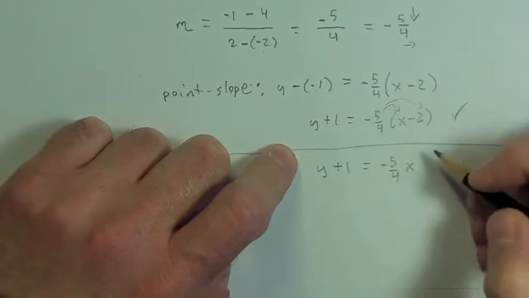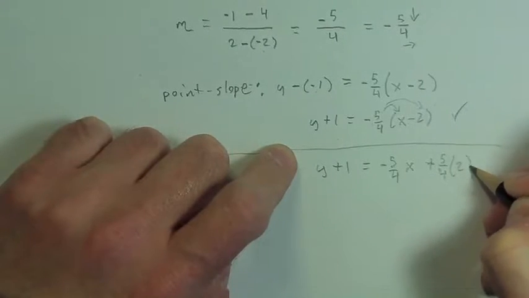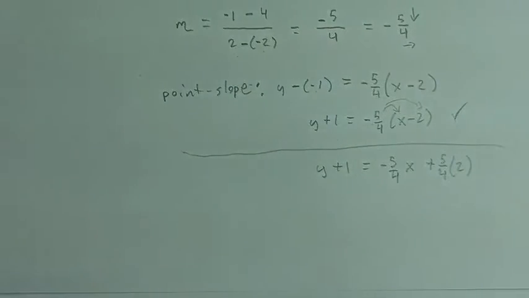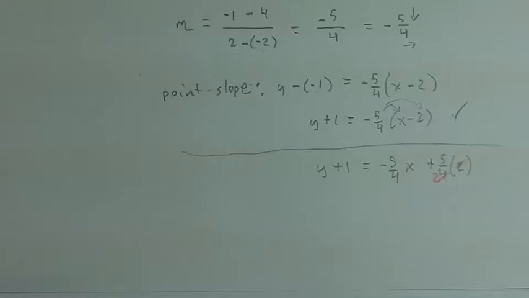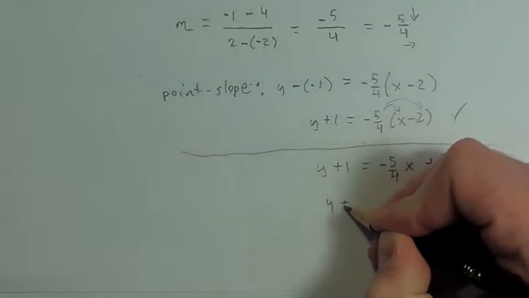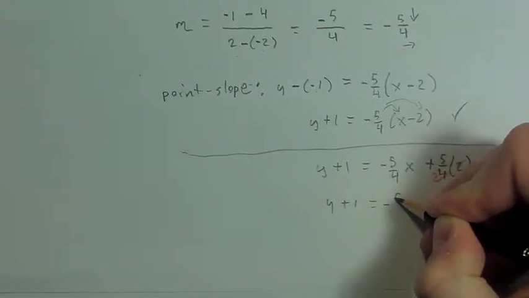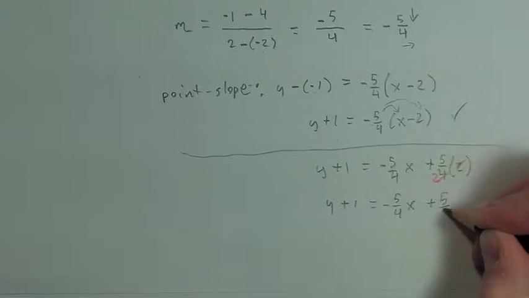Then the negative and the negative, I'm going to have plus 5/4 times 2. Now thankfully, this 2 and 4, they play nice together, and I'll get some cancellations, and I'm basically going to have y plus 1 is equal to negative 5/4 x, and this will be plus 5/2.